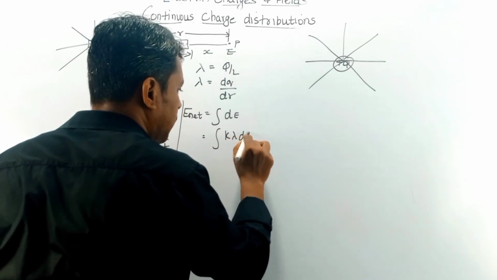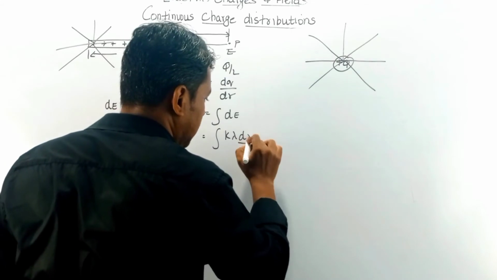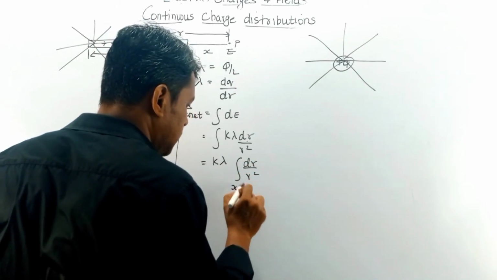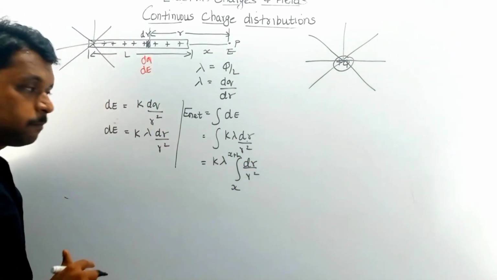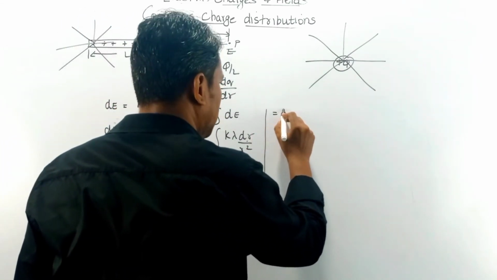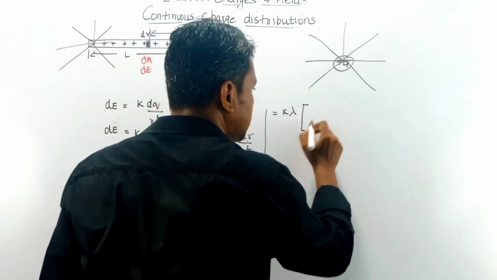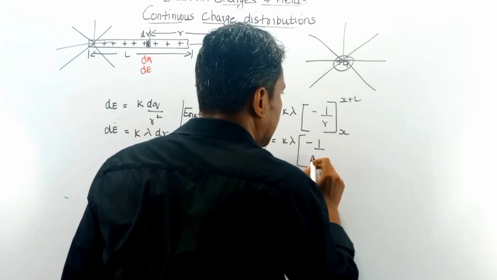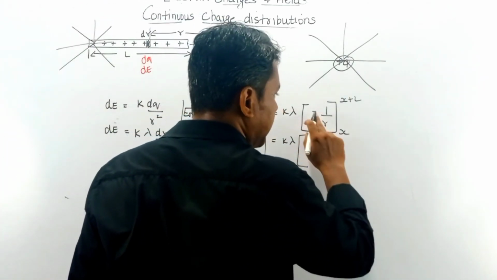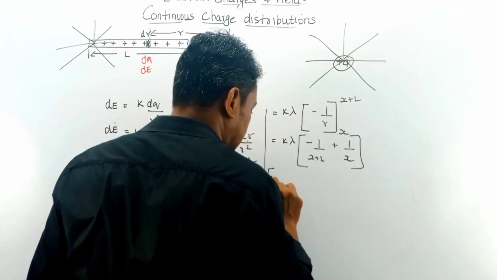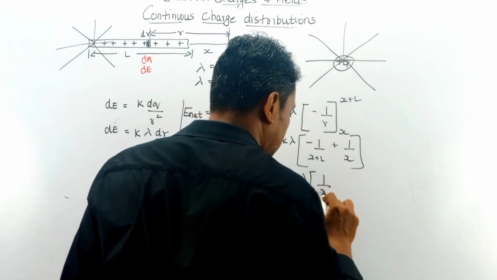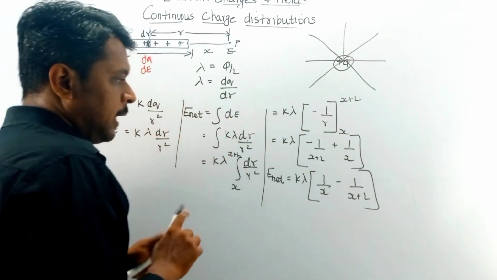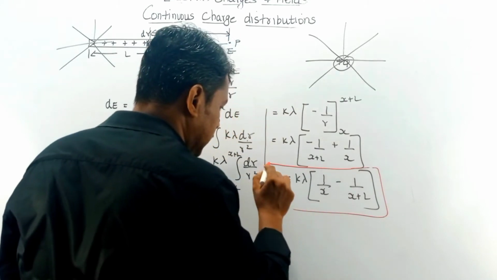The integral of k lambda dr by r square, with limits x and x plus L. When you do the integration, you get minus 1 by r, with limits x and x plus L. This equals k lambda times minus of 1 by x plus L, and minus and minus becomes plus 1 by x. So the net electric field is E equals k lambda times 1 by x minus 1 by x plus L.